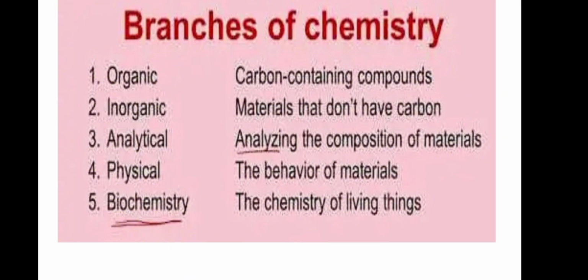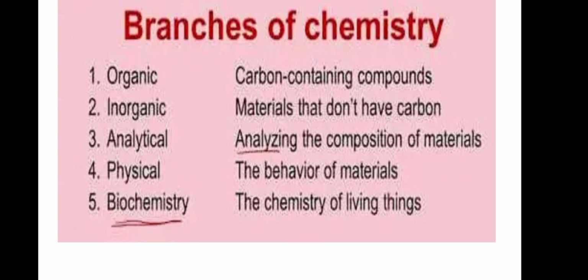This deals with the chemistry of carbon or compounds of carbon. The second branch is inorganic chemistry. This deals with materials that do not have carbon. The third branch is analytical chemistry, which deals with analyzing the compositions of materials.